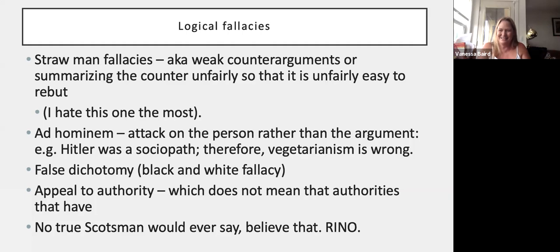Appeals to emotion work. Ad hominem attacks work. False dichotomies work. There's a reason that people even think that way. If you get into the science of neuroscience, there are scientific reasons that they work.